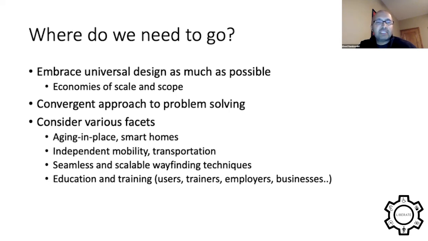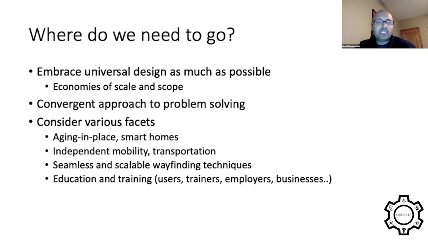So seamless and scalable techniques need to be developed so that it's something they don't have to think twice about. Do I really need to go there? Or they should just feel very comfortable getting out and about without worrying about getting somewhere independently or having to ask for help. That independence piece is very important.